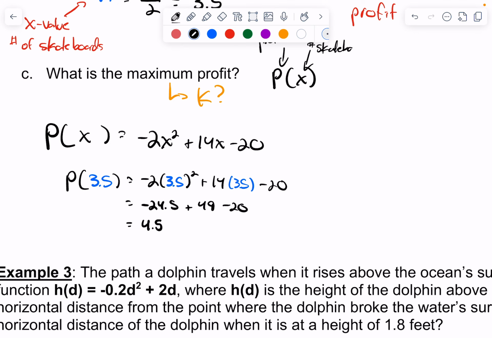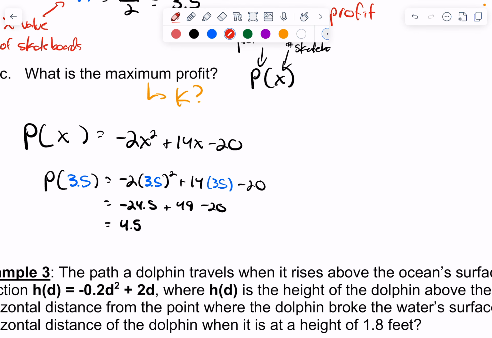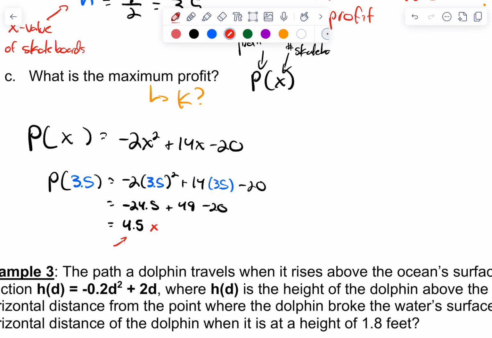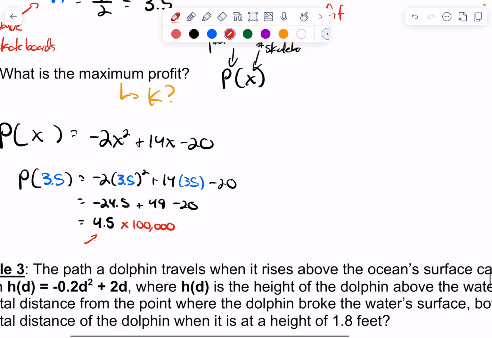Okay, so that means your maximum profit happens at 3.5 on the h, but the maximum profit is 4.5. But once again, this is measuring in hundreds of thousands. So really you have to take this number and multiply it by 100,000. So therefore, max profit of, and then multiplying that by 100,000 you're going to shift the decimal places 1, 2, 3, 4, 5, right?